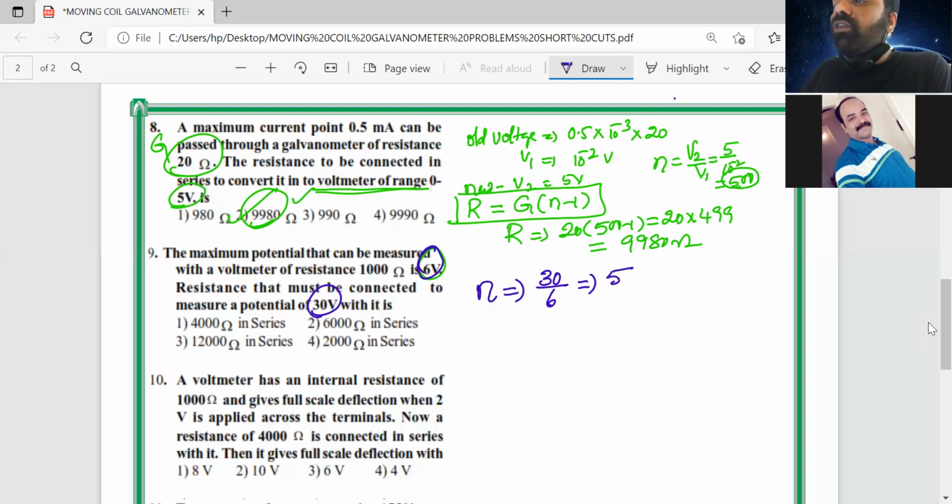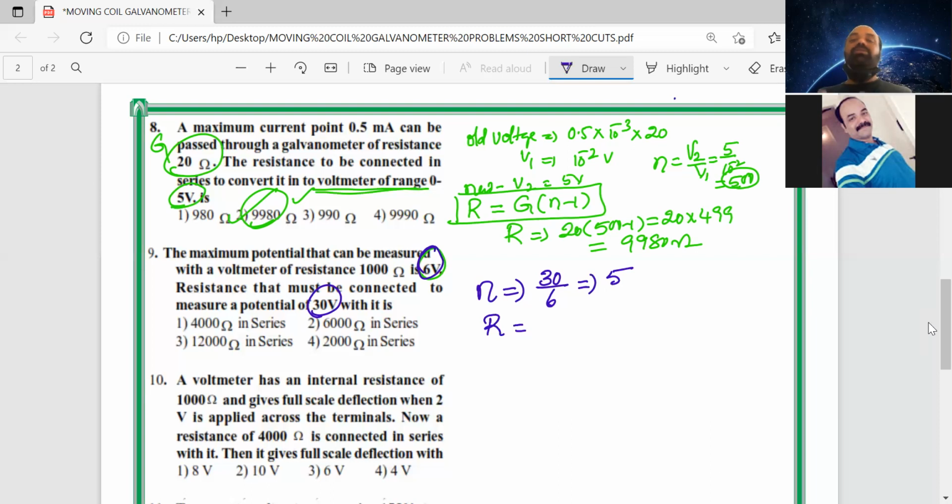They ask about a voltmeter. Guys, we should know one thing. Whenever they ask problems based on the moving coil galvanometer, converting it to an ammeter means we check the options with parallel, or if they ask for a voltmeter, we check the options with series. But here all the options are given with series only, so the elimination method does not work.